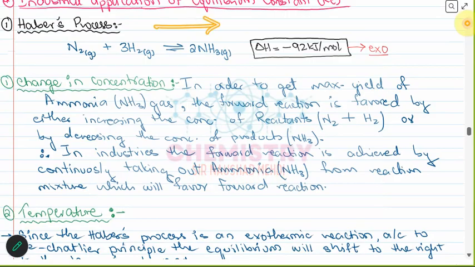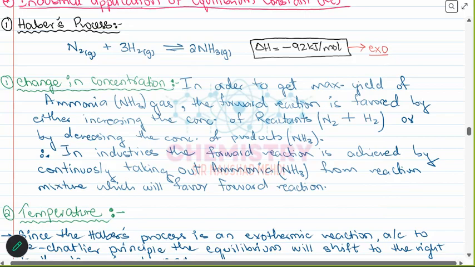It will favor forward. You will get a large amount of ammonia gas, but you have to wait for a very long period of time, which is not desirable.